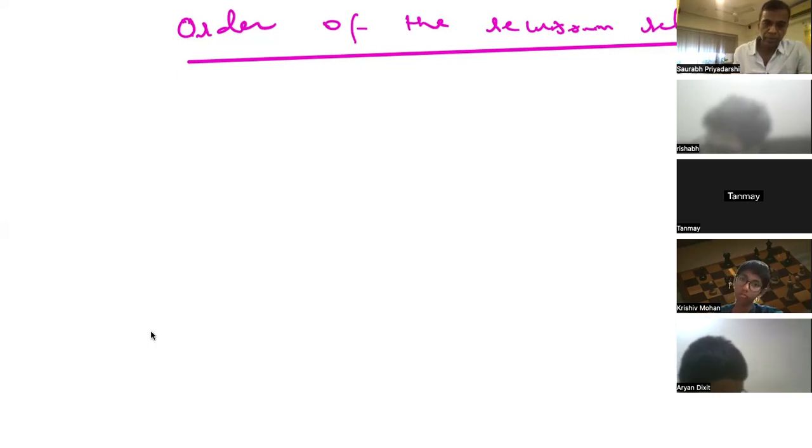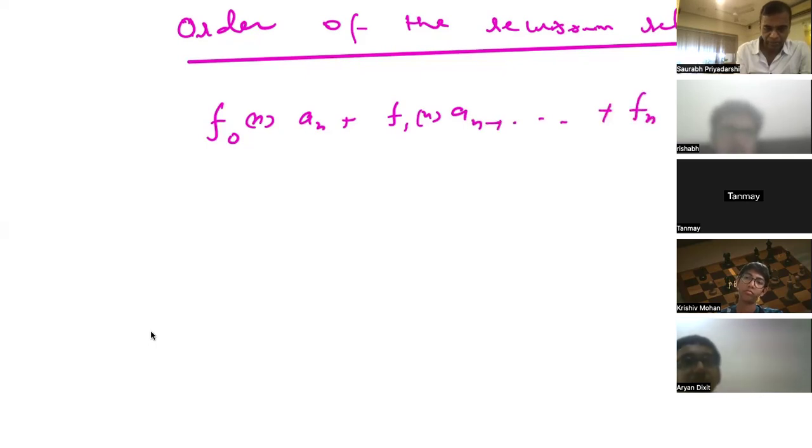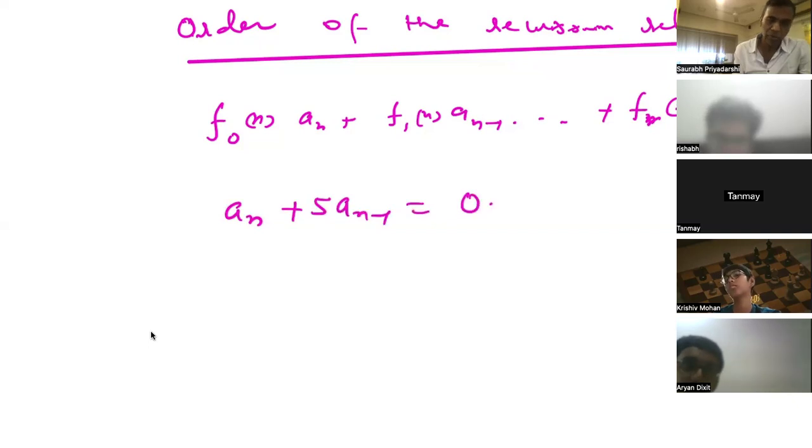Let any function be given in terms of f_0 a_n plus f_1 a_(n-1) up to f_r a_(n-r) is equal to some function g(n), right? That will be difficult to understand exactly how this is going, so I'm writing in the simplest form: a_n plus 5 a_(n-1) is equal to 0.